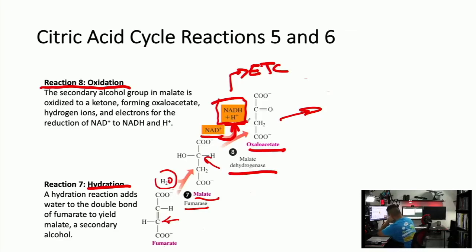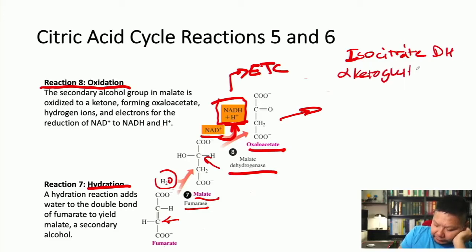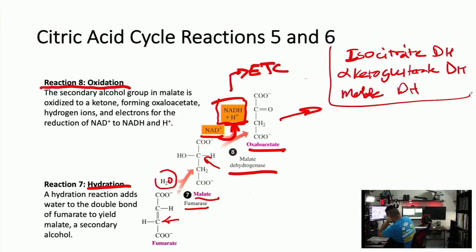So let's just review that real quick. We have 3 enzymes that are dehydrogenases: isocitrate dehydrogenase, alpha ketoglutarate dehydrogenase, and now malate dehydrogenase. And the 3 of those all produce an NADH that goes to the electron transport chain.